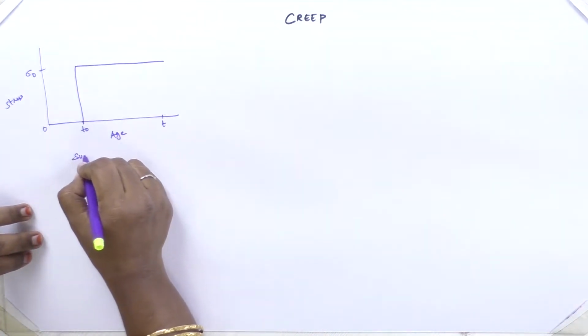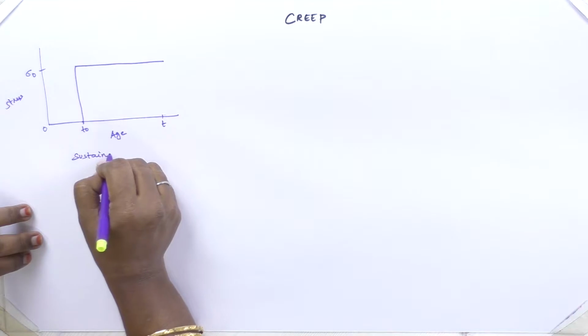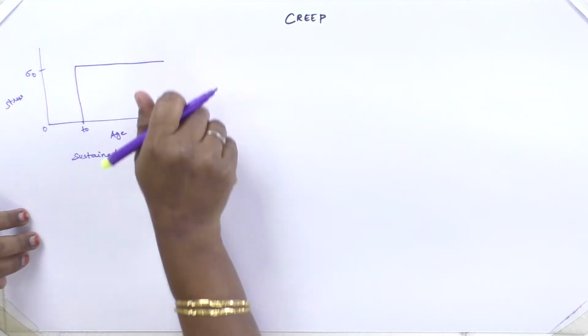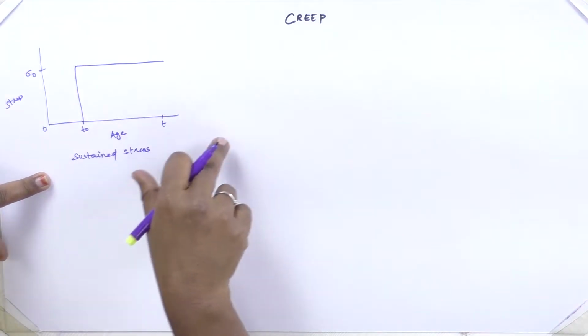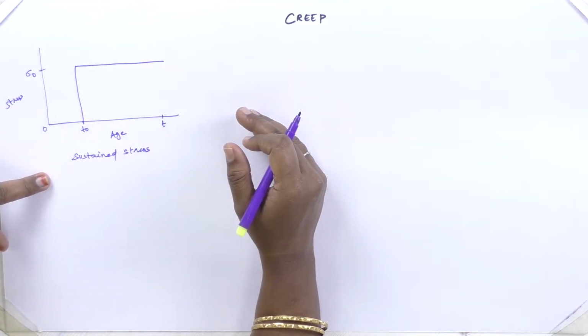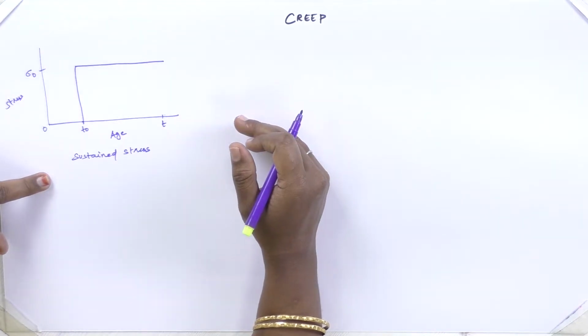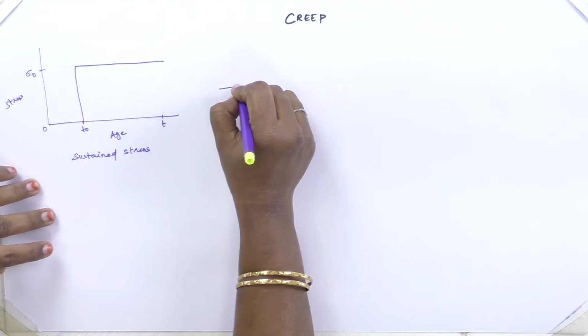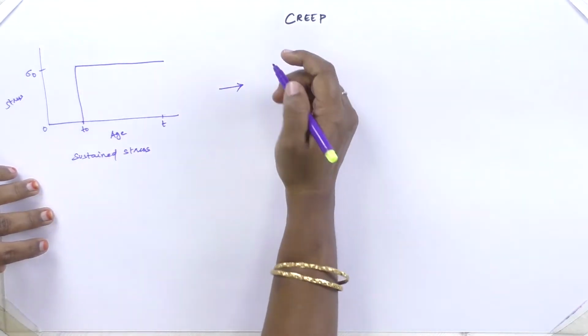This is sustained stress, and because of this sustained stress, how come that permanent deformation or movement is occurring in my concrete? Because of the sustained stress.